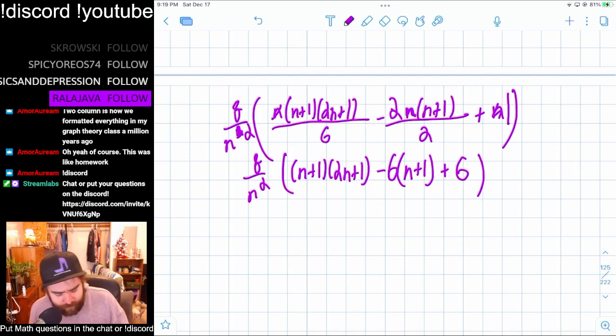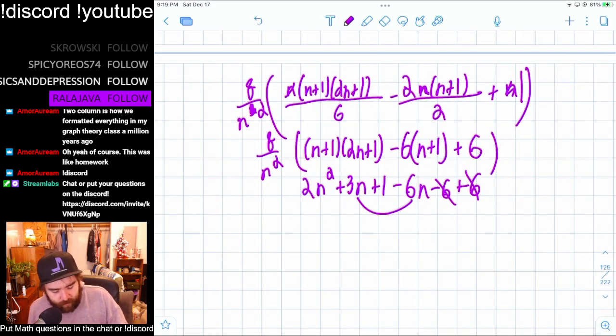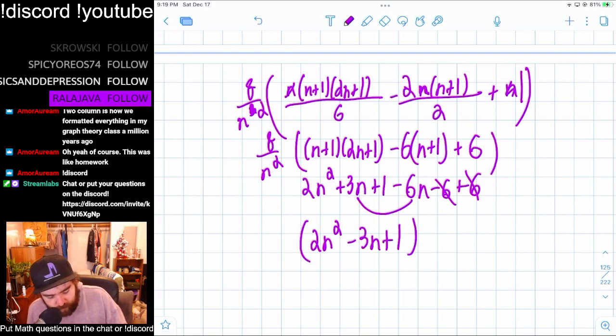In this case, it is best to FOIL this out a little. So I get 2n squared plus 2n plus n, so plus 3n plus 1, then minus 6n minus 6 and plus 6. Those are canceling. These make this minus 3n, so it's 2n squared minus 3n plus 1. But then all of that times 8.